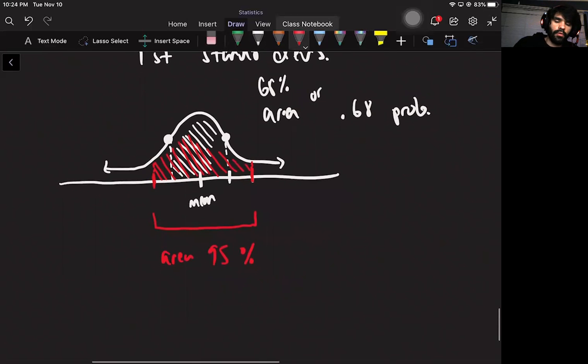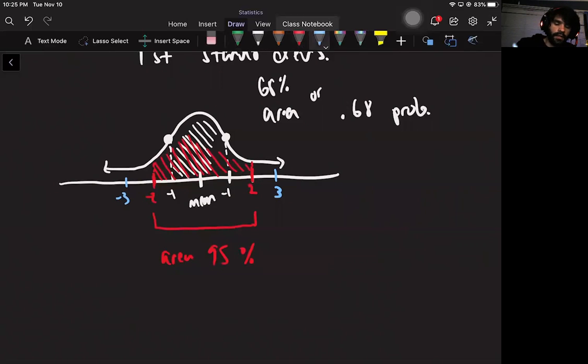And then if I go one more to the third standard deviation, wrong color. If I go out to the third standard deviation, so maybe I'll label these like this. But those 1, 2, and 3 mean +1 standard deviation or -1 in the other direction from the mean.